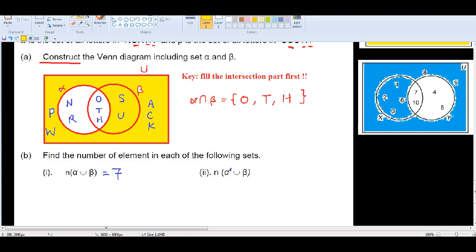Are there some letters outside the yellow region but still inside beta? Should be these 3, right? So you should include these 3 as well. All the letters in the shaded area are now in the union between alpha complement and beta. So how many of them? 10, right? 10 of them.